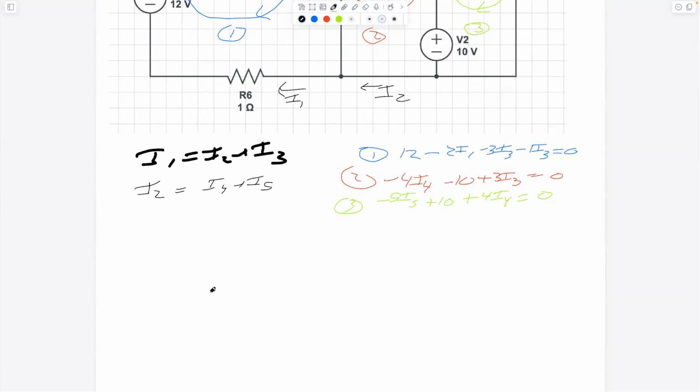My goal is to write this as some matrix A times my vector X equals B, and then write this in augmented matrix form. So my vector X here, that needs to be bigger, is I1 through I5.